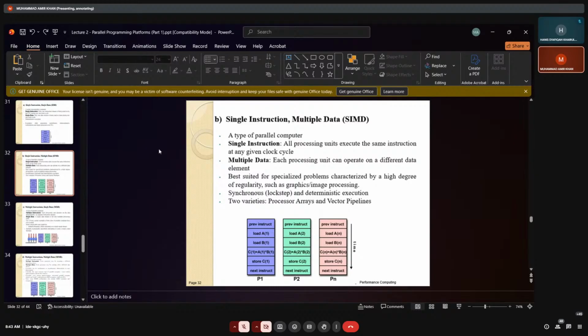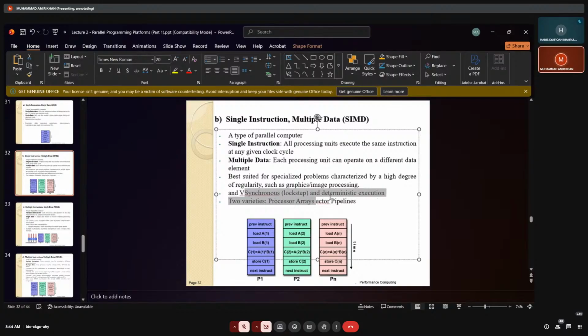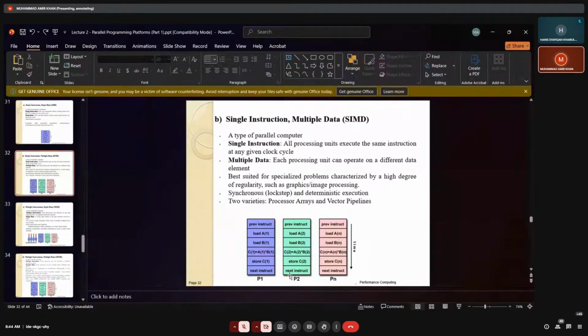So here, single instruction and multiple data stream. Basically, this type of parallel computer is used for image processing applications. If we look down, P1, P2, P3, Pn mean processors: processor 1, processor 2, and processor N. Top to bottom is time. For example, this is a previous instruction, any instruction, load A, load B, and different calculations and different storages.